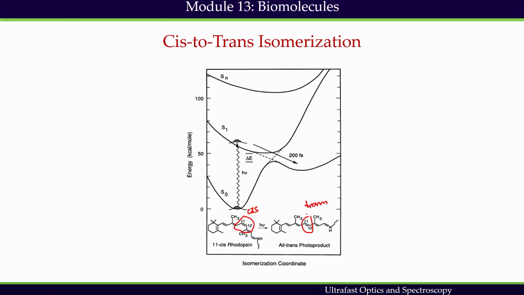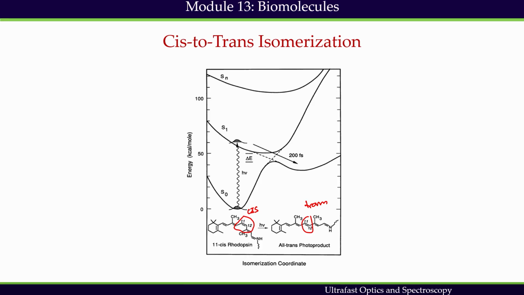So what happens after photoexcitation? This 11-cis retinal prosthetic group of rhodopsin is converted to the all-trans primary photoproduct in an efficient and barrierless isomerization process. This change in shape of retinal apparently gives the signal to opsin to undergo a sequence of dark or thermal reactions involved in triggering neural excitation.